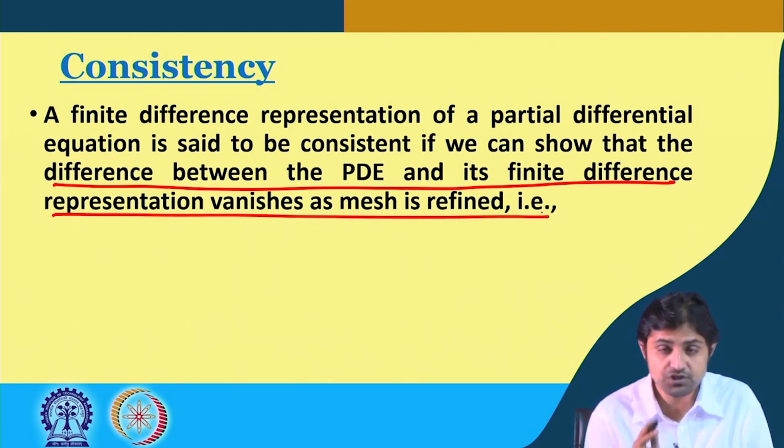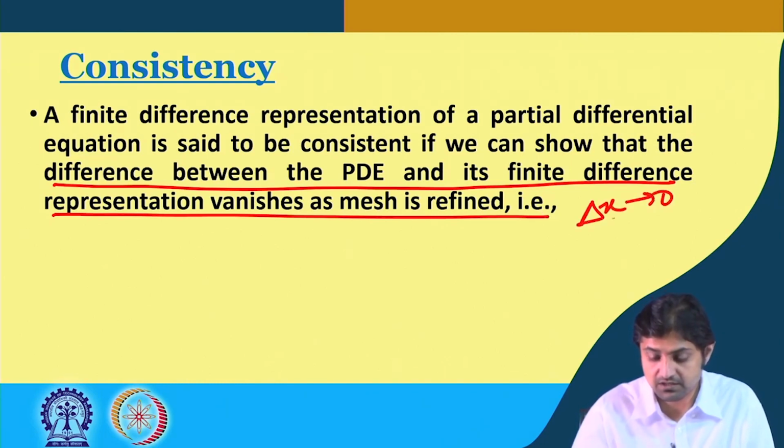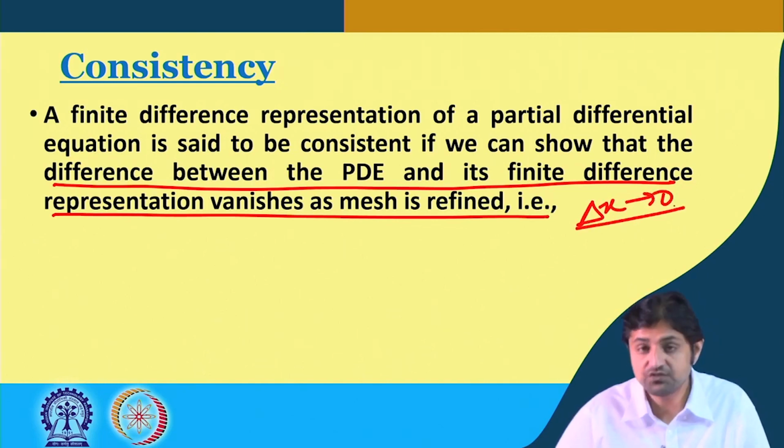So this solution is consistent if we are able to show that the real solution, that is the PDE solution, minus the one obtained using the current method, that is the finite difference method, goes away, will be 0, as delta x is refined, as the mesh goes to 0.